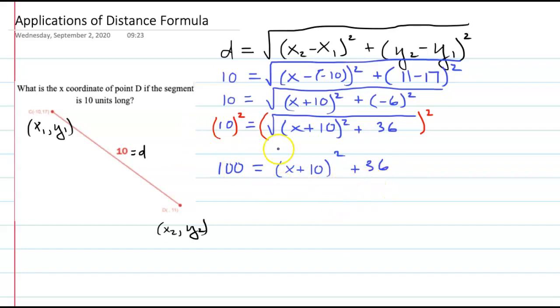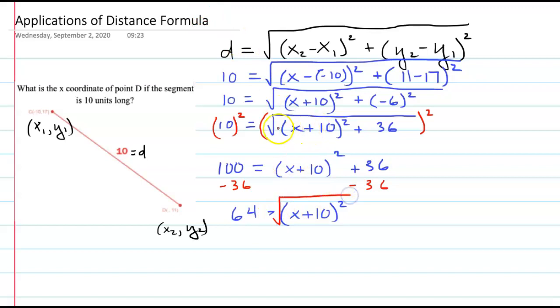And so now I have a quadratic equation, and I can go about solving this first by subtracting 36 from both sides. So that gives me 64 is equal to x plus 10 squared. And so now I want to get rid of this square. Since everything on the right-hand side is squared, to undo that, I can take the square root.